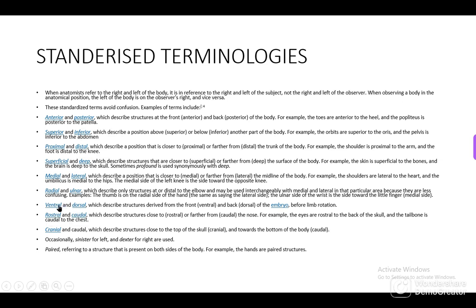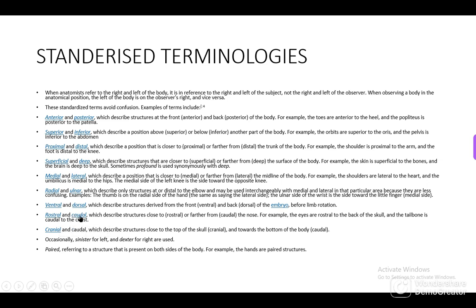These are embryonic terms used in animals, but we maintain them here. Rostral and caudal are used in birds: the rostrum is the beak, or in the elephant the trunk. If it is near to this area, the beak, it is rostral; if it is away, it is called caudal.